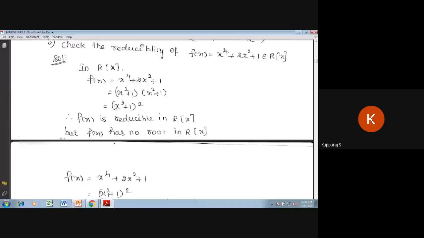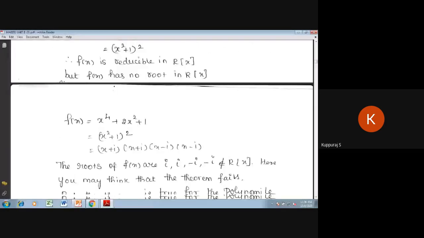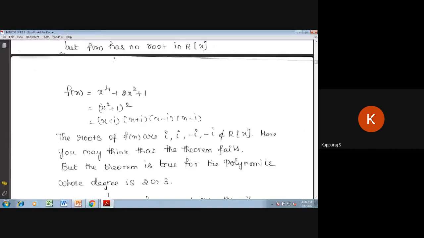Let y = x square, so y square plus 2y plus 1, which is y plus 1 whole square. When x square plus 1 equal to 0, the roots are complex numbers. Okay, you can get x equal plus or minus i. So it is irreducible over R[x]. Irreducible over R[x].